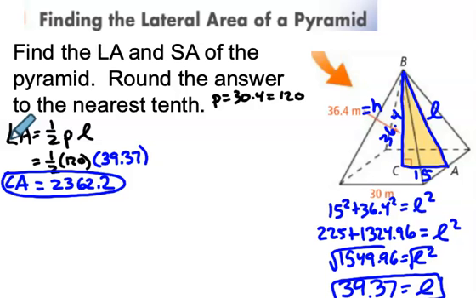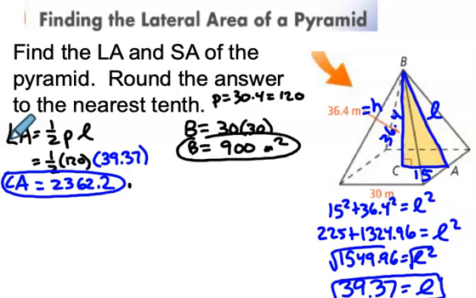To get SA, I just need to also get capital B. The bottom is a square. So I know that if one side is 30, they're all 30. So 30 times 30 will give me capital B, which is 900 square meters. I forgot square meters over here for my unit.